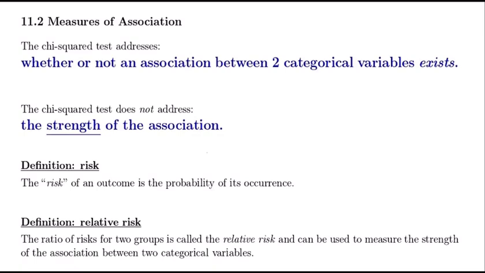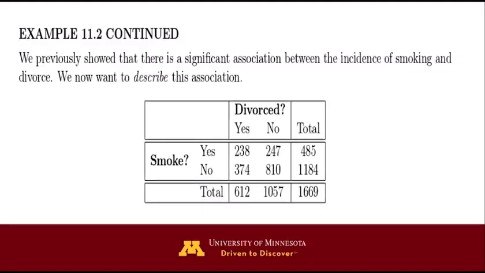And I'm going to show you how to get the risk from each of the groups. Now I want to go back to the example that we just finished. We previously showed that there is a significant association between smoking and divorce.